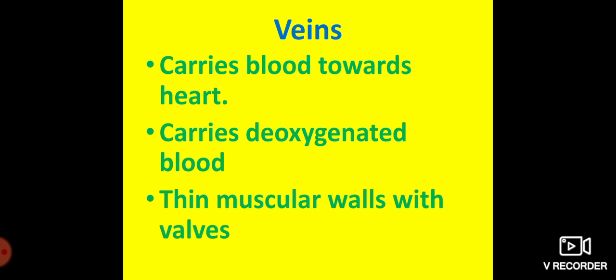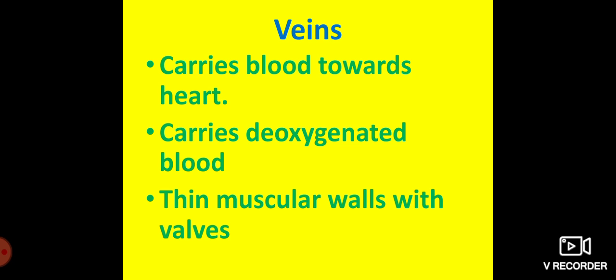And the next point is how blood flows through the artery. The blood flows with jerks and under great force, because from the heart the pure, oxygenated blood moves to different body parts with a high force. In the case of veins, the blood flows smoothly and under little pressure.